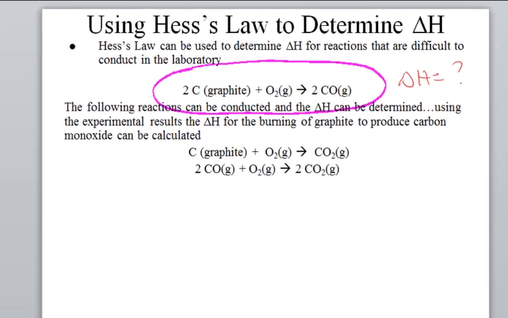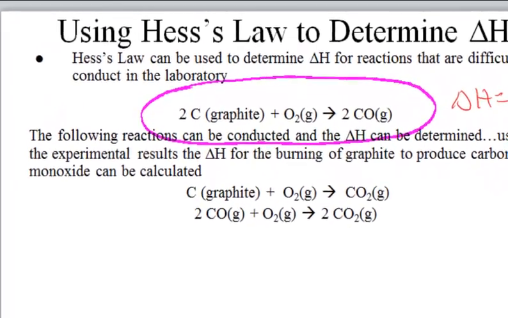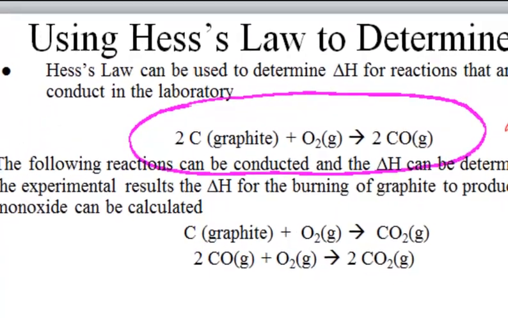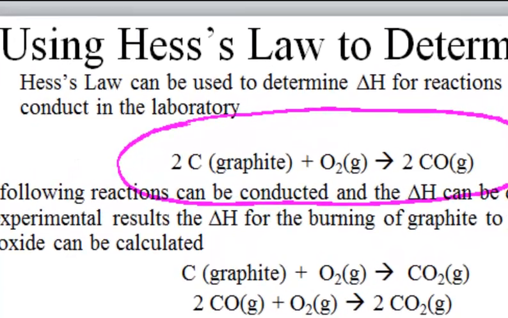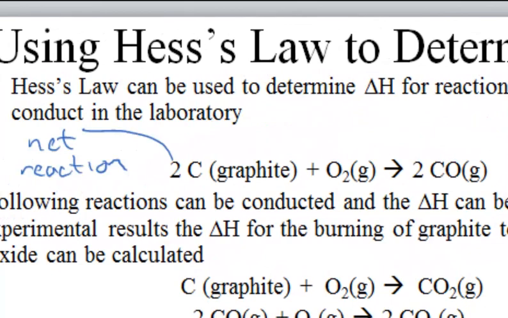The unknown reaction with the delta H that you need to determine, consider that the net reaction. If you have a series of other reactions that when added together give you that net reaction, those delta H's can be added together to give you the delta H net.